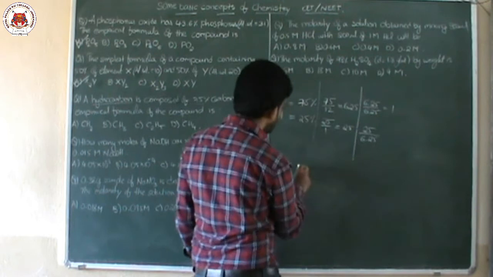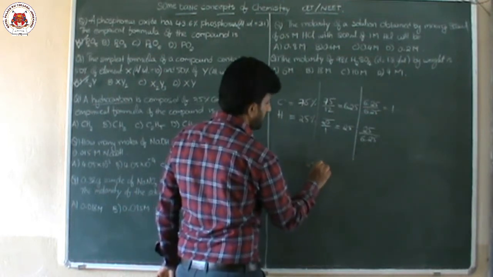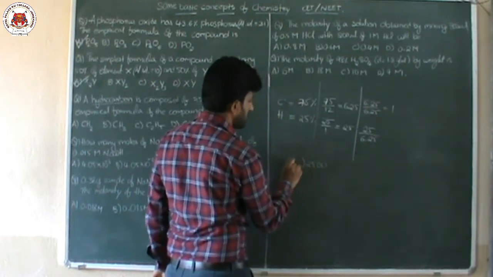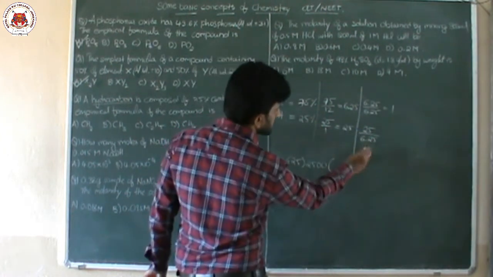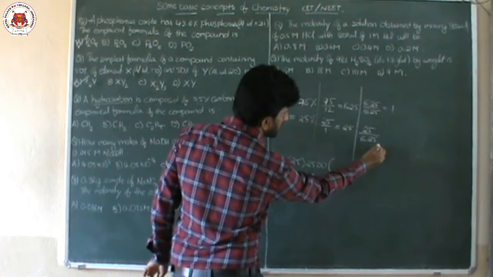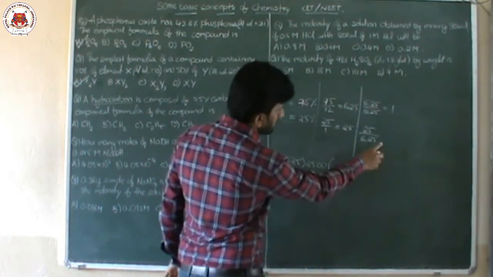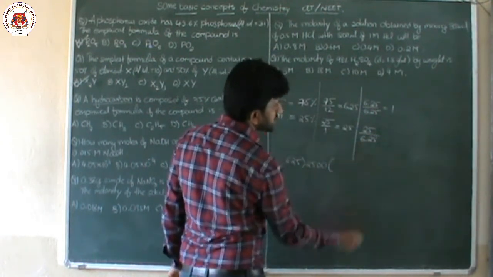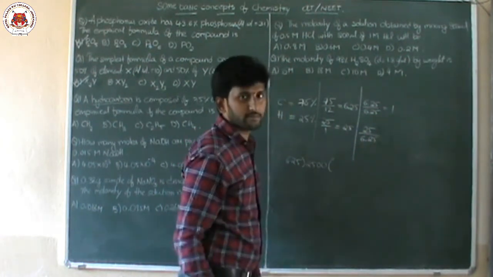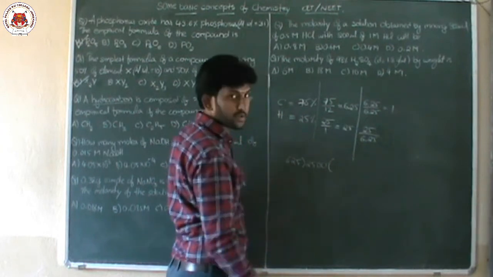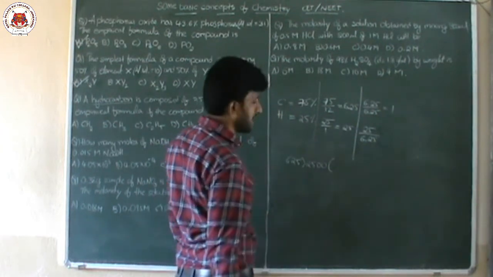The 10 power minus 2 goes to the numerator as 10 power plus 2, which means 100. So we have 2500 and 625.